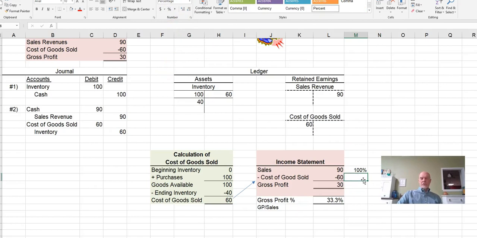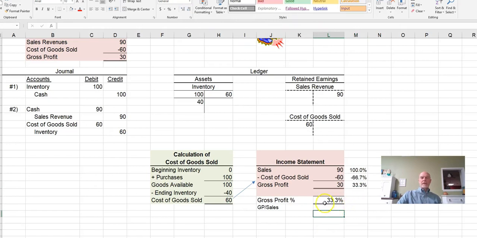Your cost of goods sold in this example represents 67% of your sales, and your gross profit represents the other third. Let me add a digit to this so we can see it.